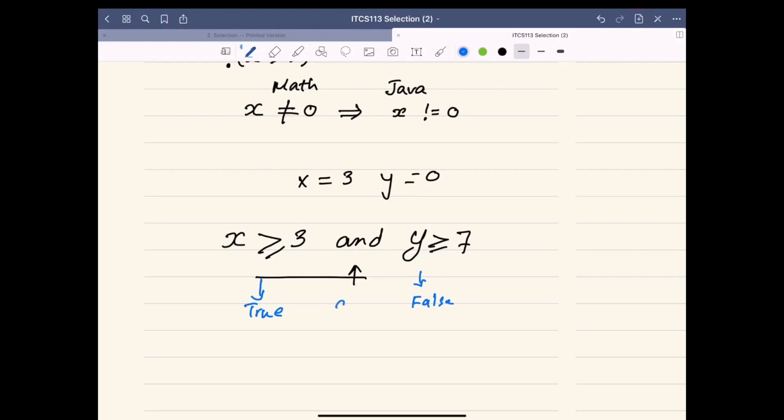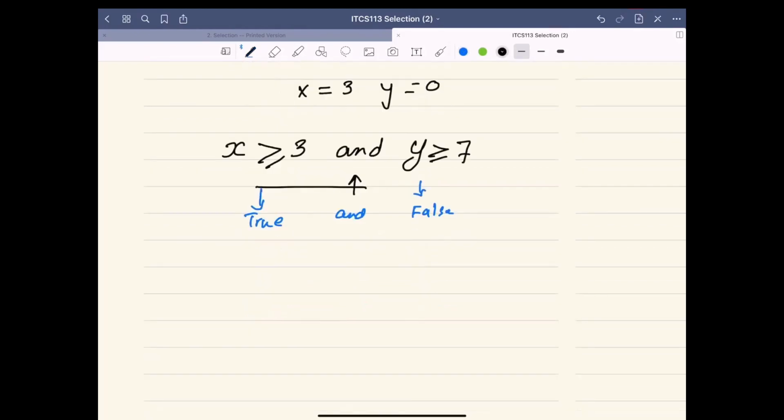So when we put and between them, then what will be the answer? Or we can combine them by using OR, and in this case we will have the same results. This will be true and this will be false, and the question is, what will be the answer if we have OR and we have a true or false? What will be the answer?